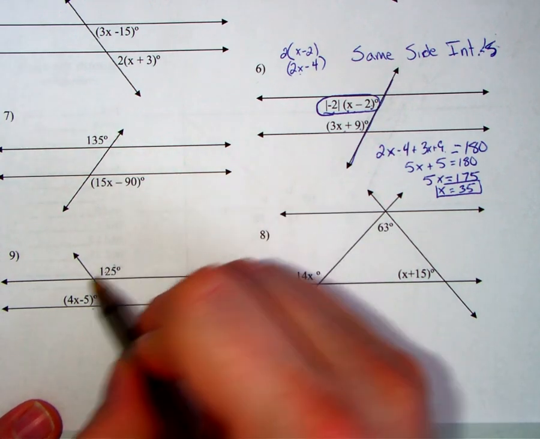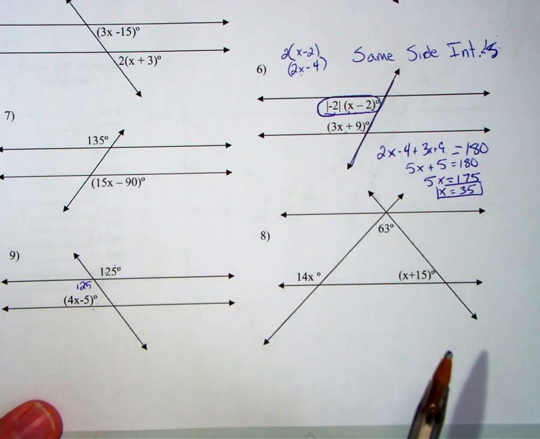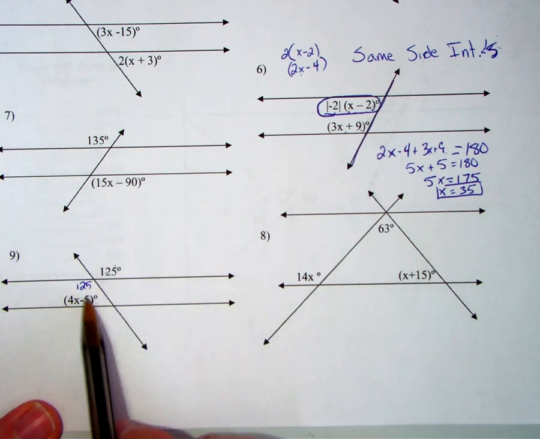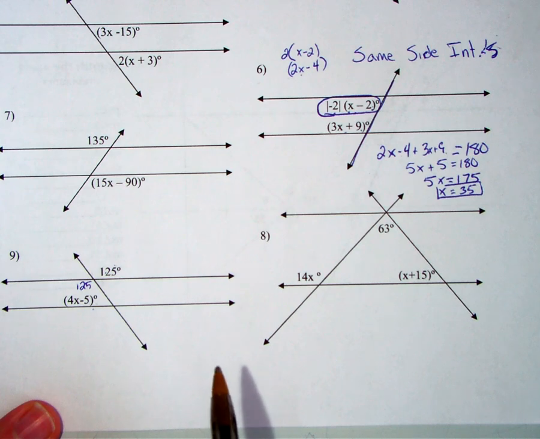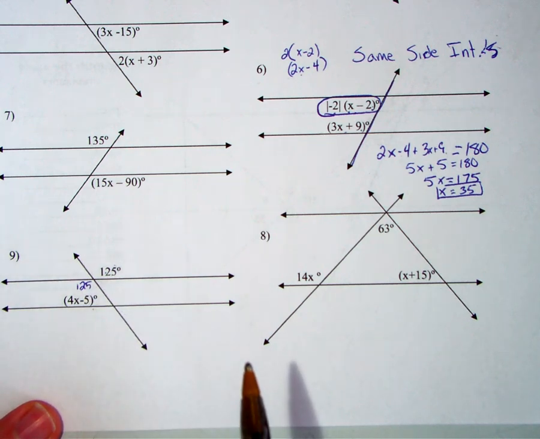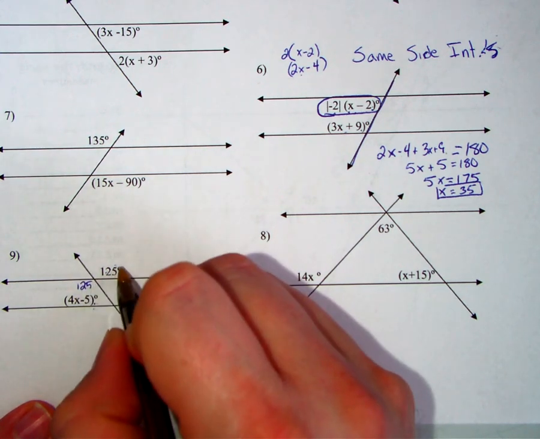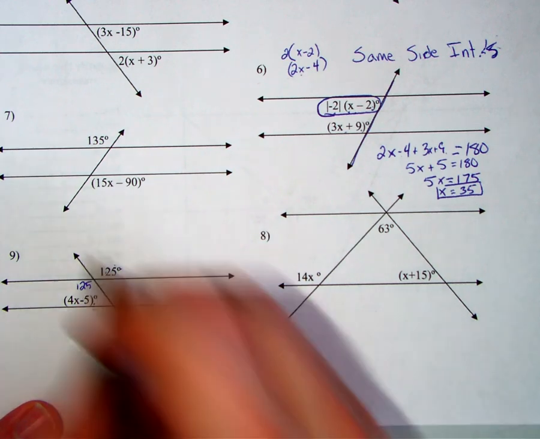I could say that 125 goes here by vertical relationship, which would then give me two angles that are same side interior. And I know that the two angles that are same side interior are supplementary. So it would make sense that 4x minus 5 and 125 are supplementary angles.